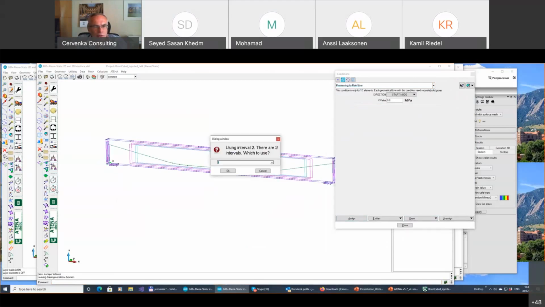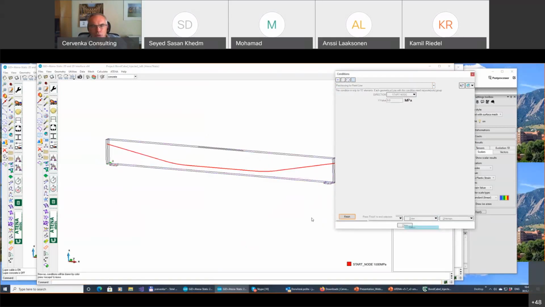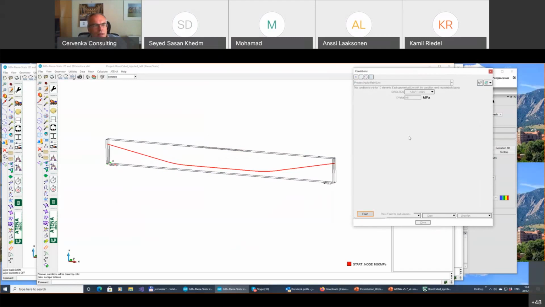That's because I'm in the wrong interval. If I switch to the right interval, we will come to that later. I see that I have defined a pre-stressing of 1,000 megapascals, and it's applied at the beginning. So it's fixed here, and here we are applying the pre-stressing.